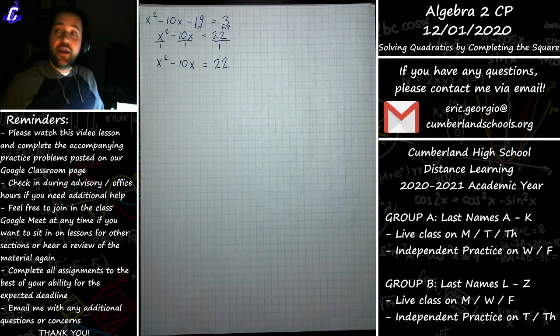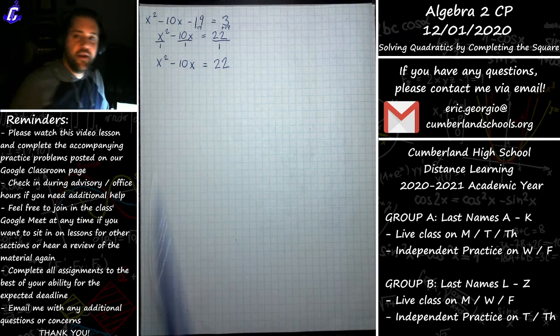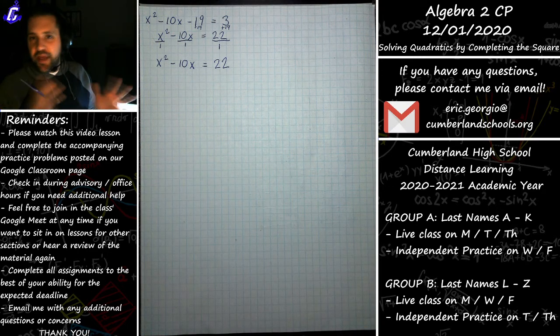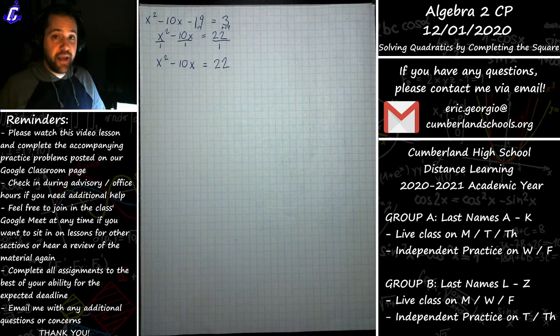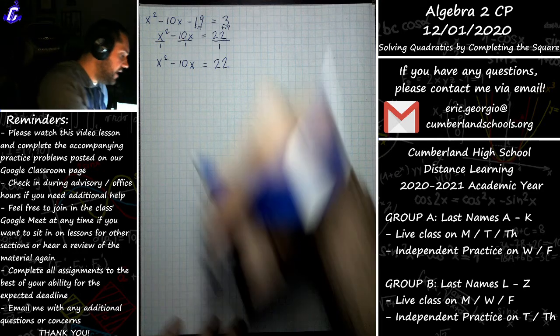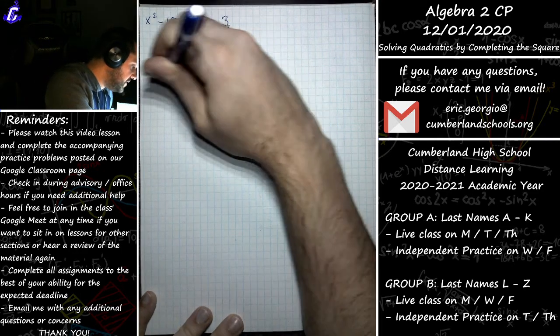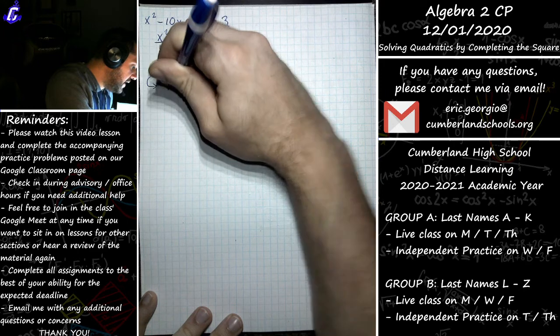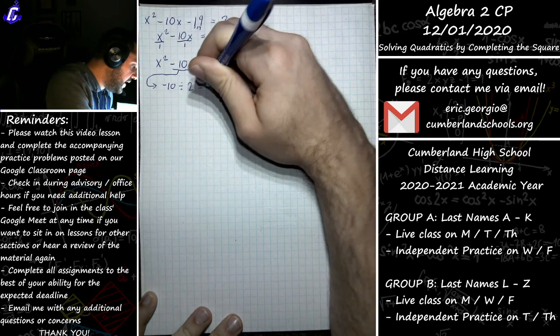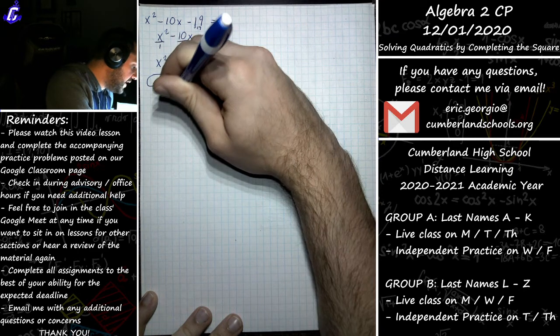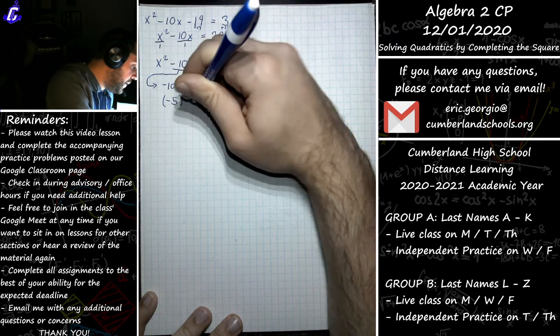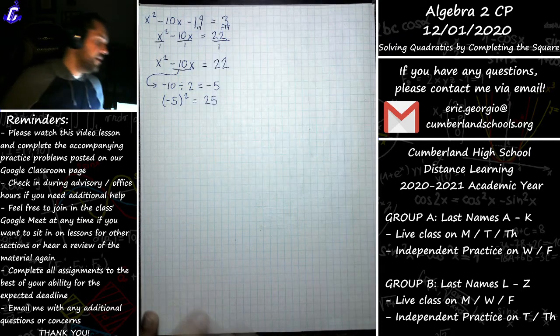From here, again, we want to find the number that we could write here such that we have those matching binomial factor pairs show up. In order to do that, I take this coefficient of x off to the side, and I divide it by 2 to get negative 5. I then take that value of negative 5 and square it to get positive 25.